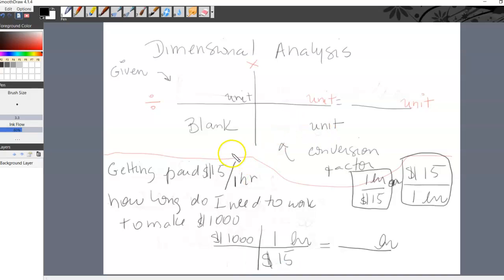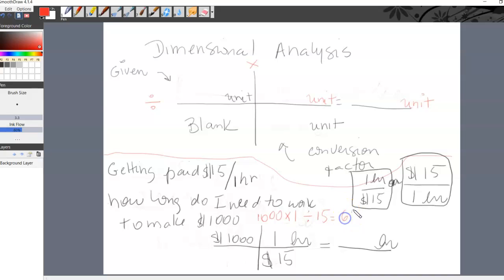Let me change the color here so I can write it. You have to take 1,000, multiply by 1, then divide by 15. So 1,000 times 1 is 1,000, divided by 15.